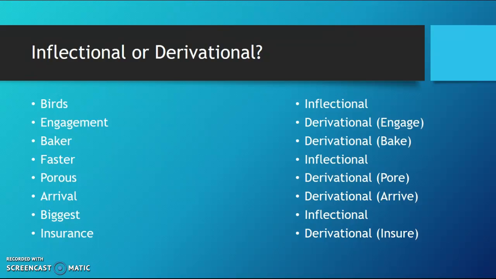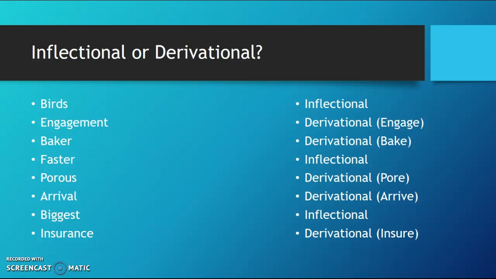Baker is also derivational. We have bake, which is a verb, which we've turned into that noun. Faster is inflectional, so it is more fast than someone who is just fast. Porous, derivational, starts with the noun pour, and now we have the adjective porous.